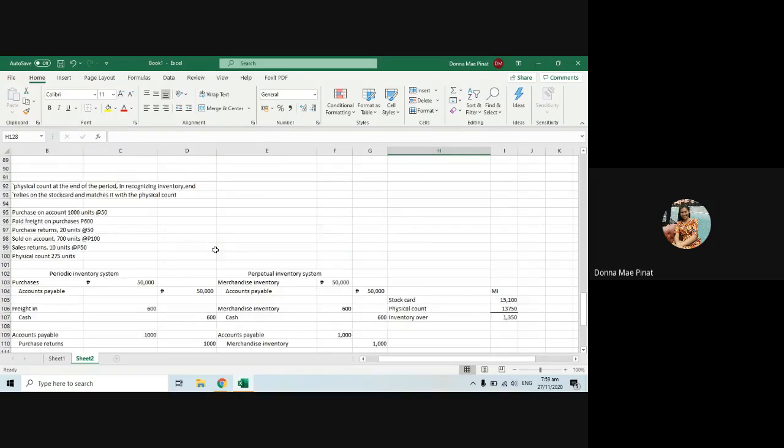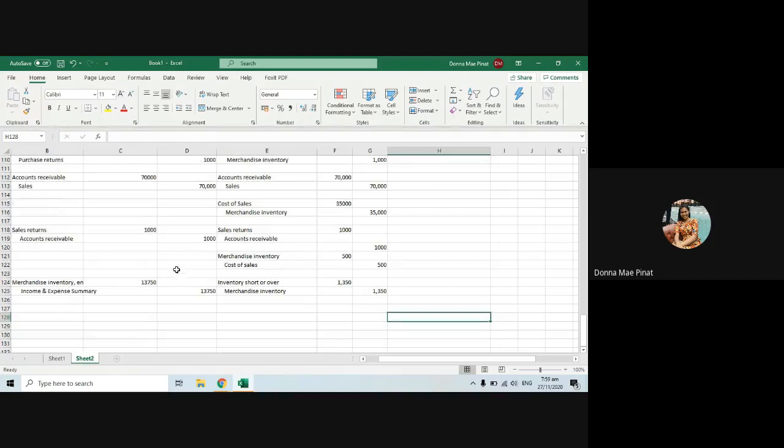So, both are the same in actual physical count at the end, and the same in ending merchandise inventory, whether periodic or perpetual.